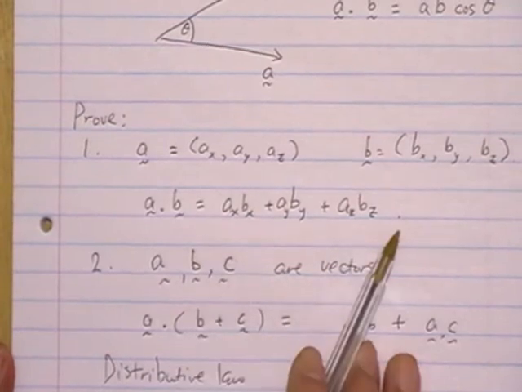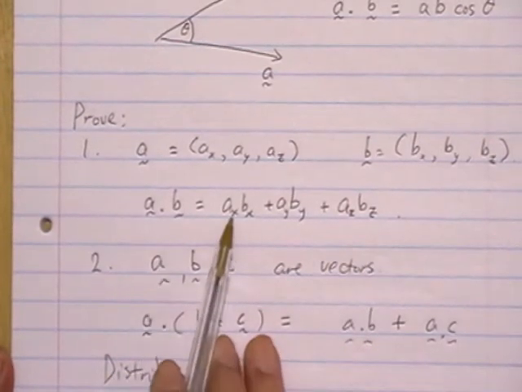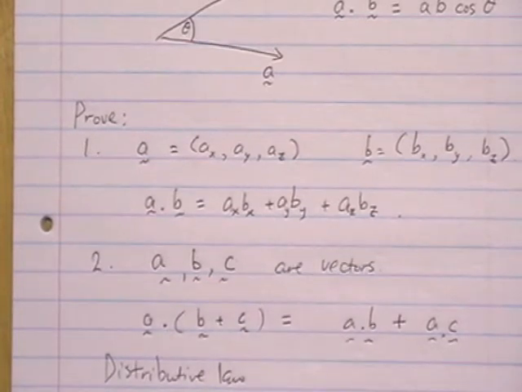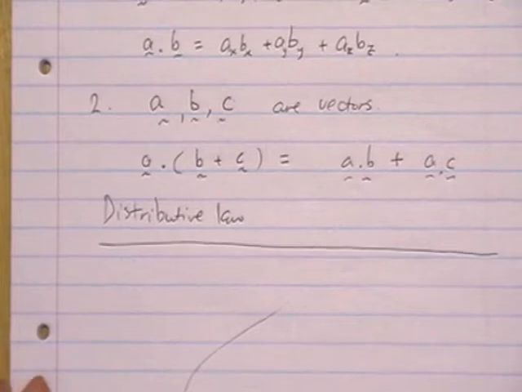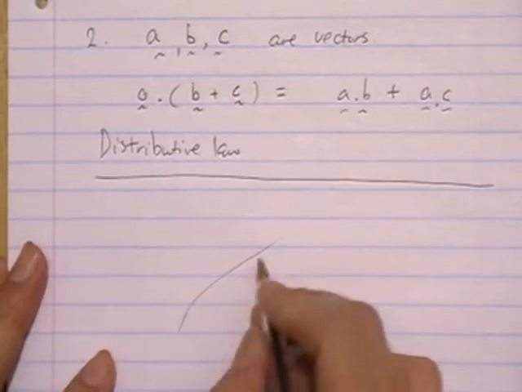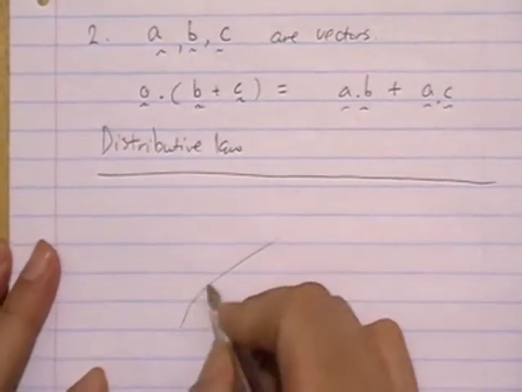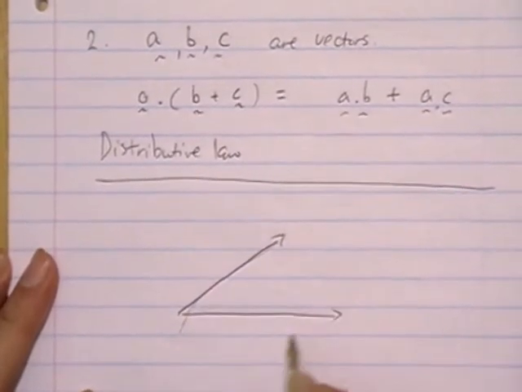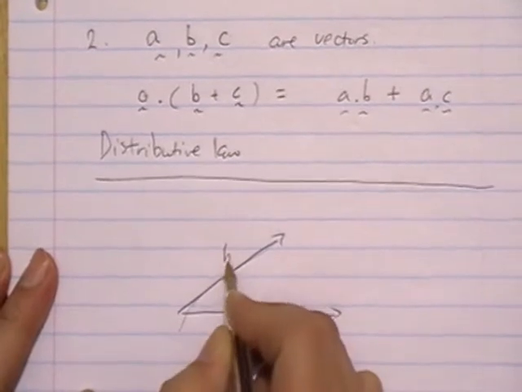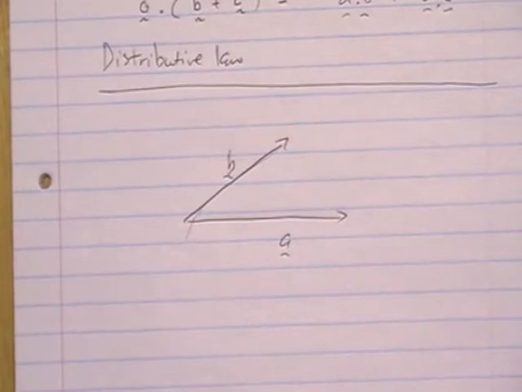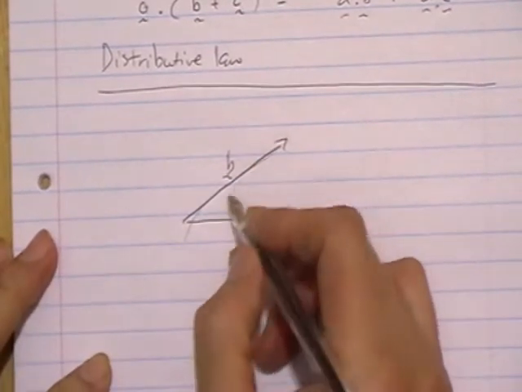This formula for the dot product in terms of the components of the vectors. Okay. Let me draw the vectors again. This is A, this is B, that's the angle theta.